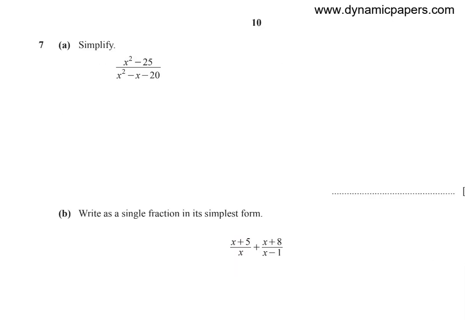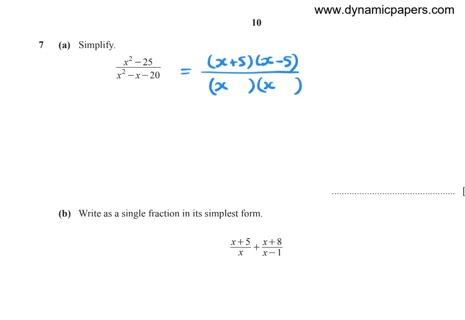Number 7, simplify x squared minus 25 over x squared minus x minus 20. Factorize the numerator: no common factor, difference between two squares, so x plus 5 and x minus 5. Factorize the denominator: no common factor, trinomial, so two brackets, x and x.